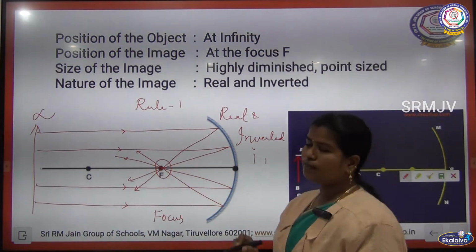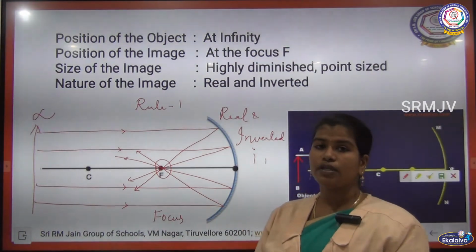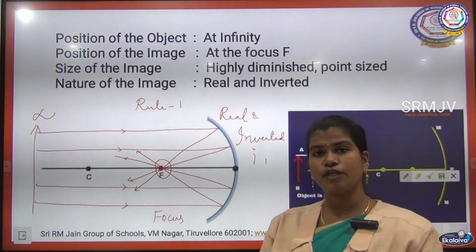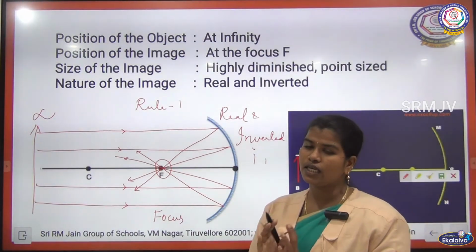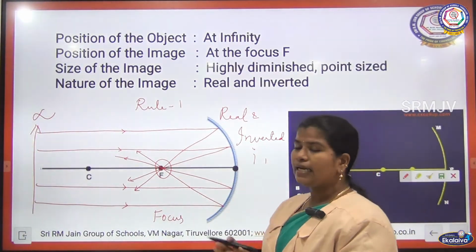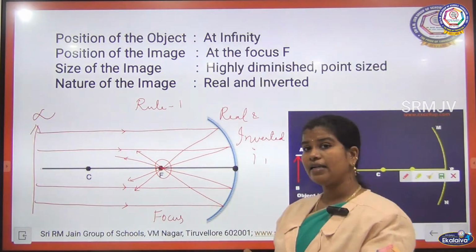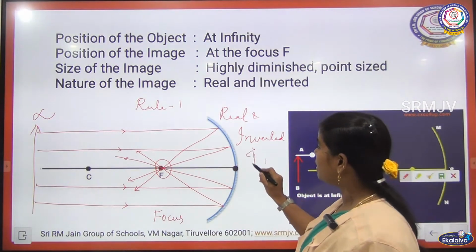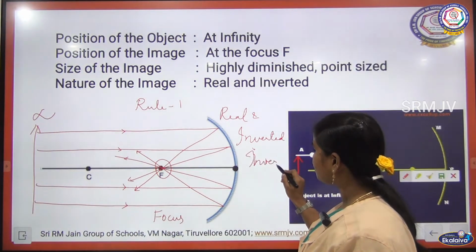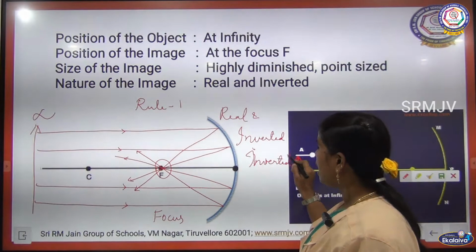In the introduction part I discussed the difference between the real image and the virtual image. A real image can be captured on the screen, and a real image is always inverted.